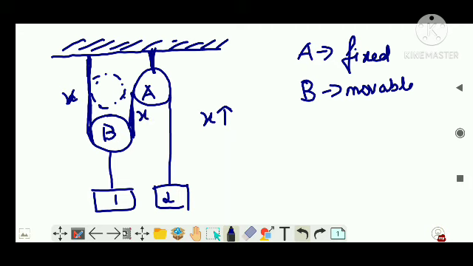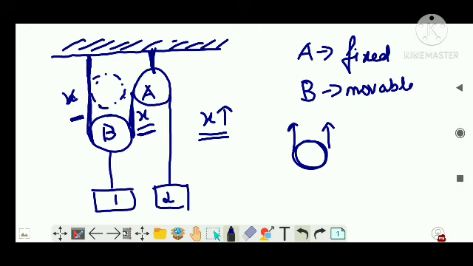This wire will also have an x displacement in the upward direction. Remember, I am saying it again and again. This left string of B pulley, if it is moved by x distance, similarly this right part is also pulled. When does it occur? When the entire pulley moves up by x distance, right?